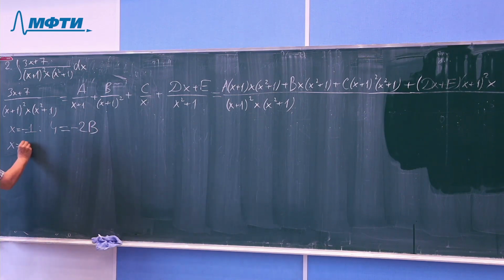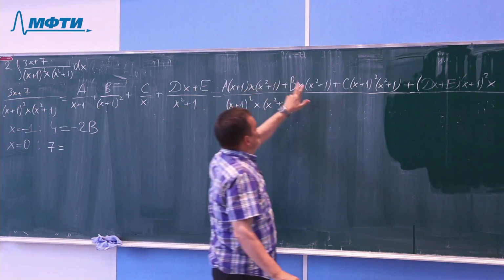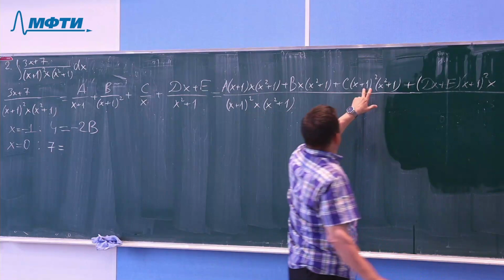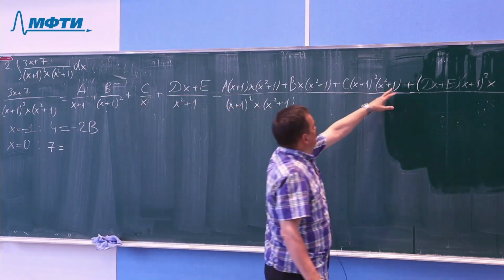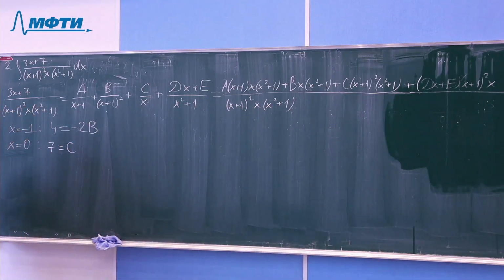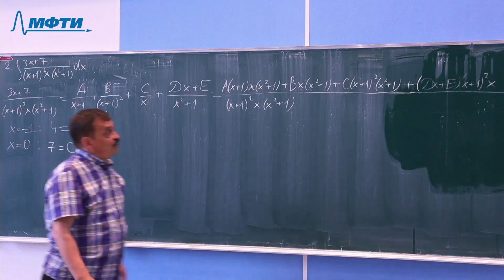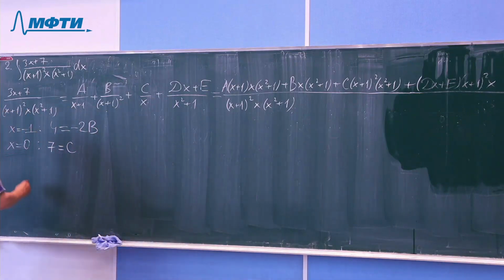And if we substitute x equals to 0, then we have 7 equals to C times 1, since 0 disappears everywhere except C. So 2 coefficients we have found. For the 3 more coefficients, we need to compare 3 powers of x.